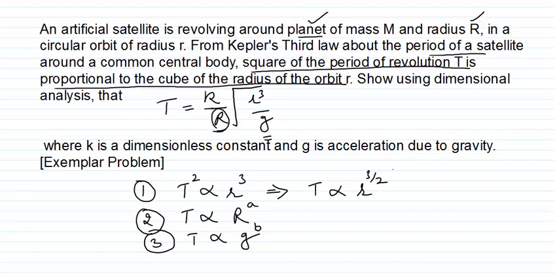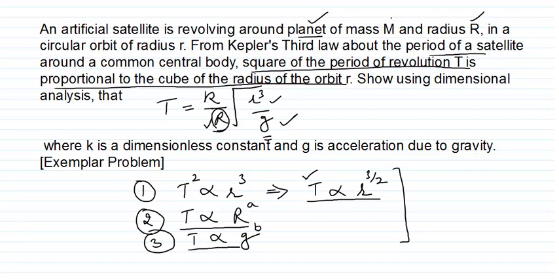So if we combine these three relations, the time period depends upon the radius of the orbit, time period depends upon the radius of the planet, and time period depends upon acceleration due to gravity. We have three factors, 1, 2 and 3. The time period is proportional to R raised to power 3 by 2 of the orbit radius.